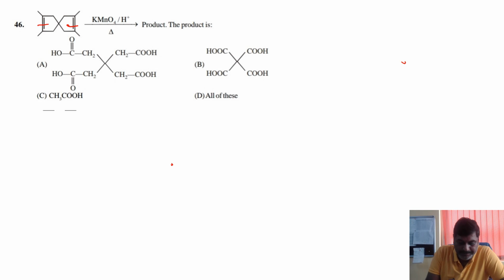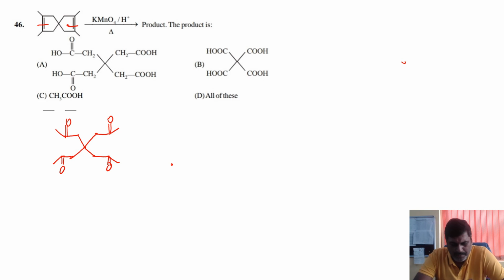I write here C double bond O, C double bond O, C double bond O, like this. This only is the initial product.